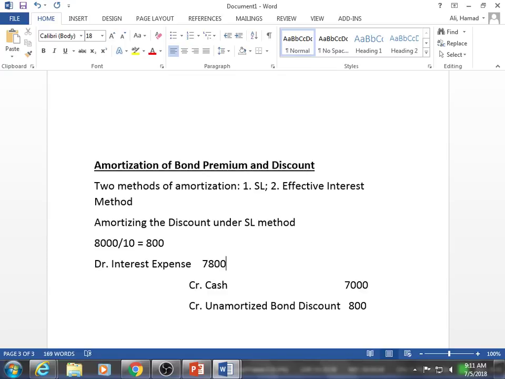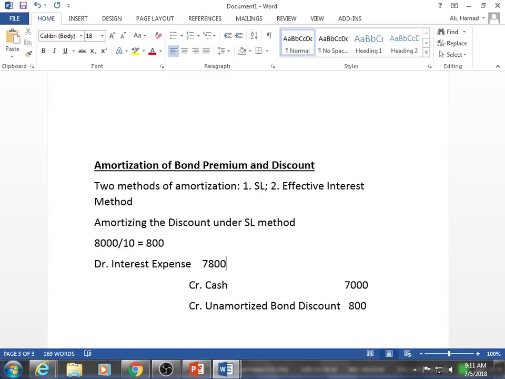This one is a plug figure, it's easy. You just add your cash payment and the portion that you amortize. Then you do the same journal entry.